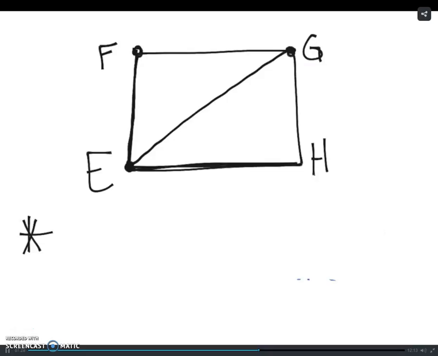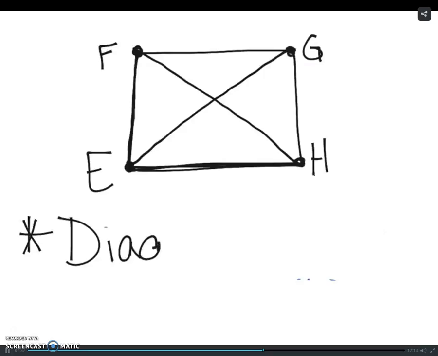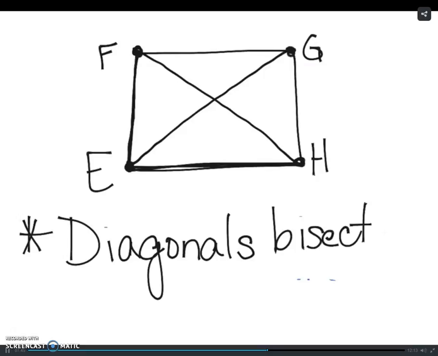Our second diagonal rule uses both diagonals at the same time. It says that if you draw both diagonals, those diagonals are going to bisect each other. So let's remember what bisect means.